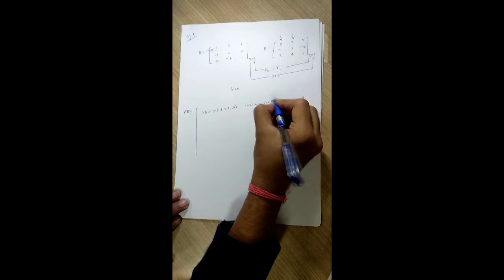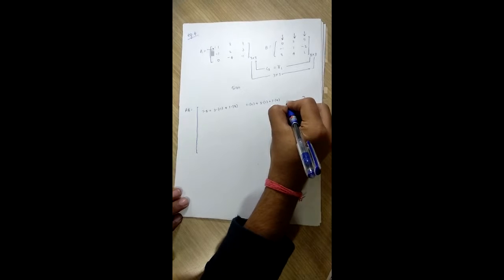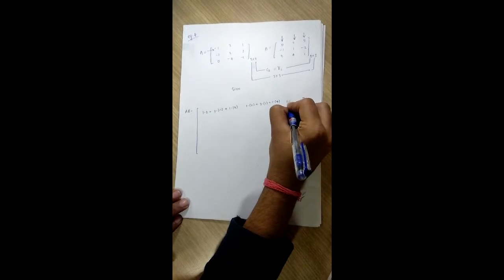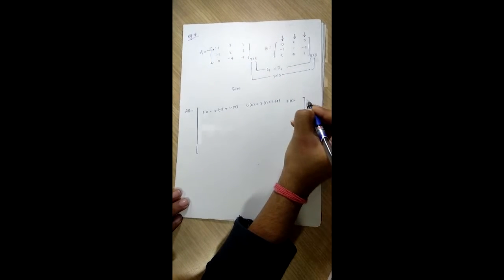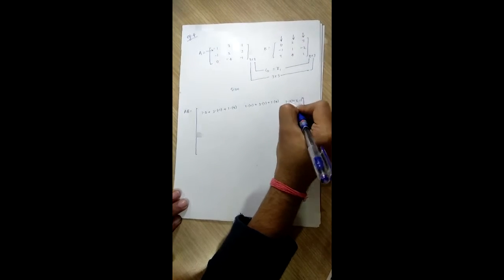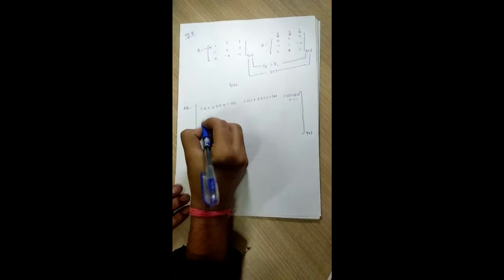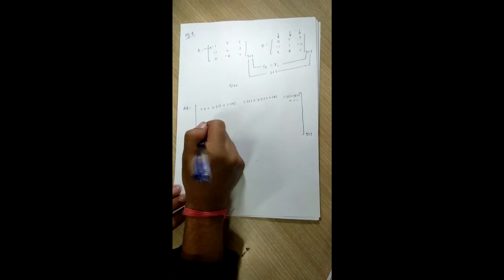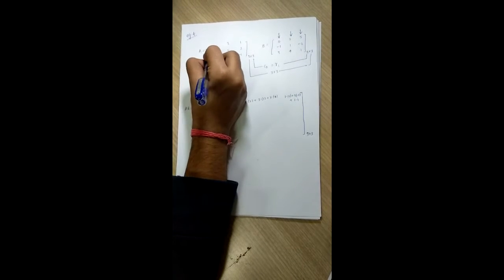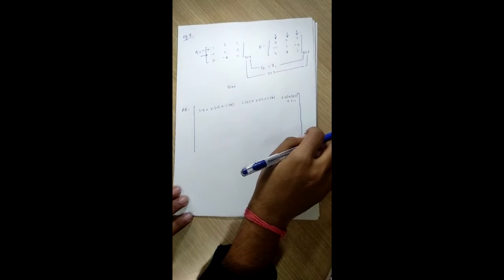Okay, now the third column, 1 times 5 plus 3 times minus 2 plus 1 times 1. Okay, so here we are done with our first row. Now for the second row, the second row of the first matrix will be multiplied with the first column of the second matrix.